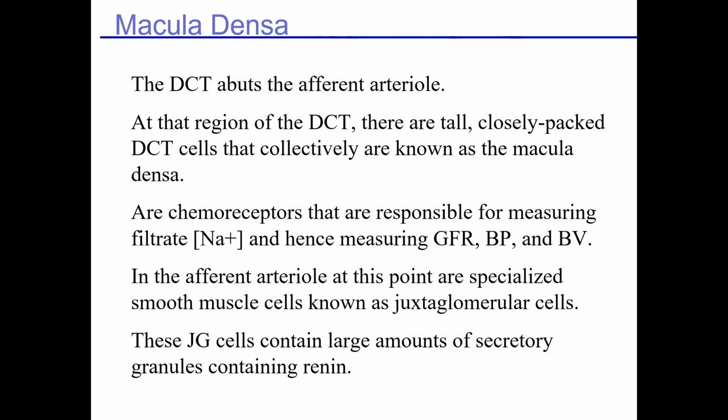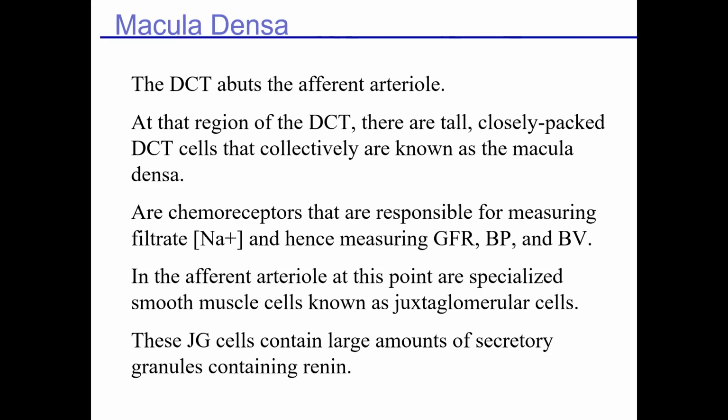If sodium levels are way up, it means that our filtration rate is too fast. So if sodium levels are high, then our GFR is not 120 mils, it's higher than normal. If our sodium level is low, it means that our GFR is too slow.